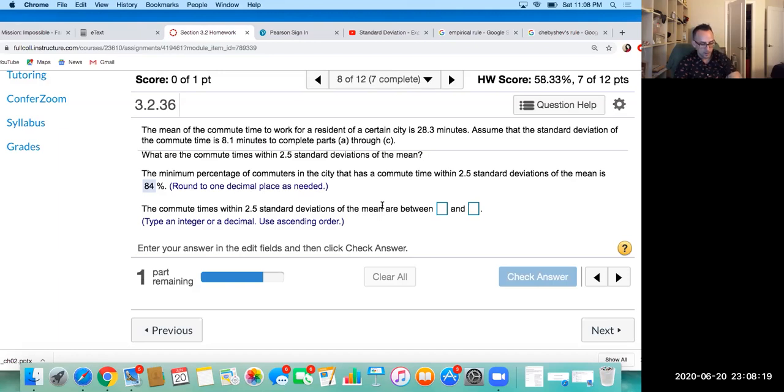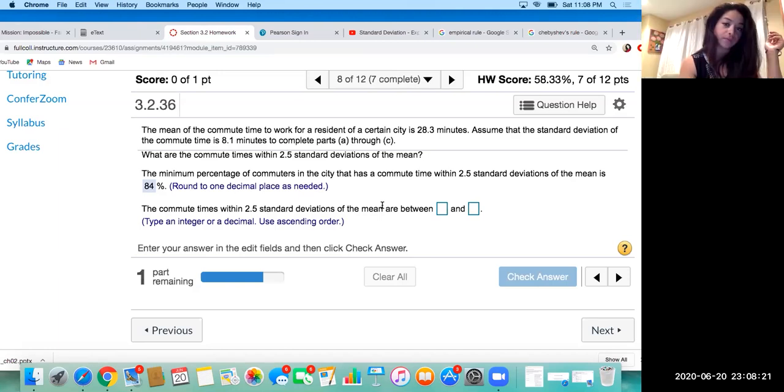Okay, so that's my mean, and this is my standard deviation. This is 2.5. Okay. 28.3 minus, let's say 20.25, 8.05.